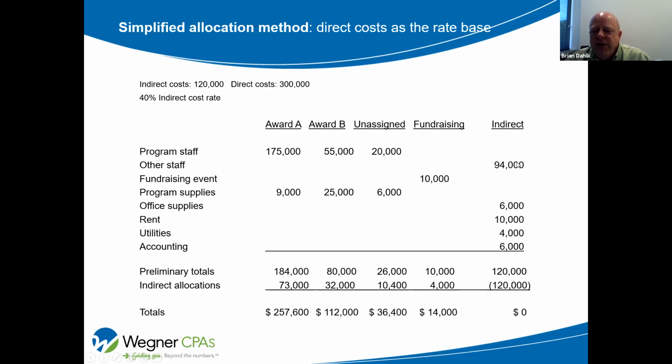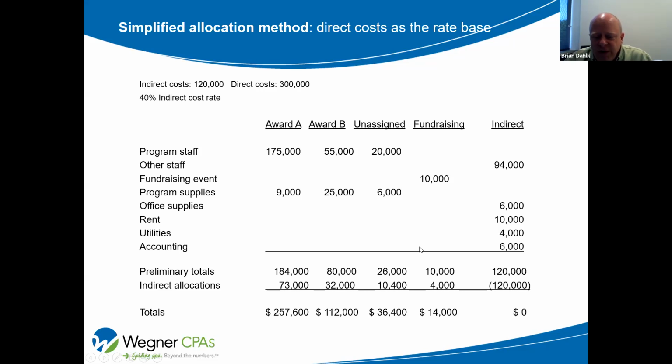So we have $120,000 of indirect costs that should be allocated, and the total amount of the direct costs is $300,000. So that means our indirect cost rate is 40%. So we're going to take these indirect costs and allocate them to each direct category by a rate of 40%. And so that's how we allocate the full $120,000.